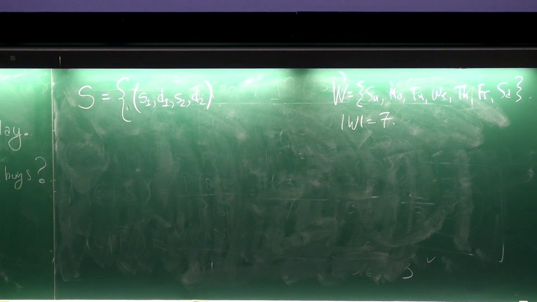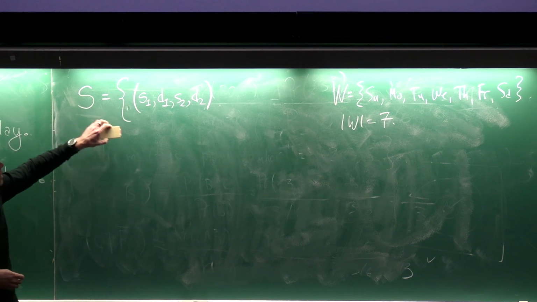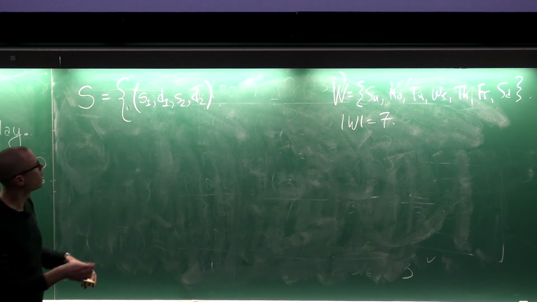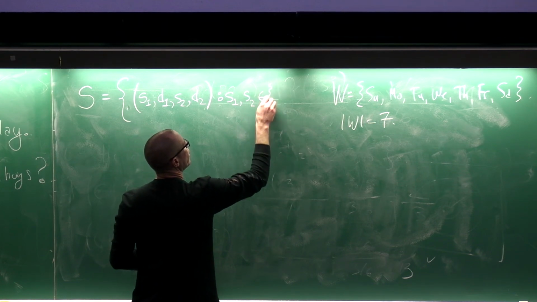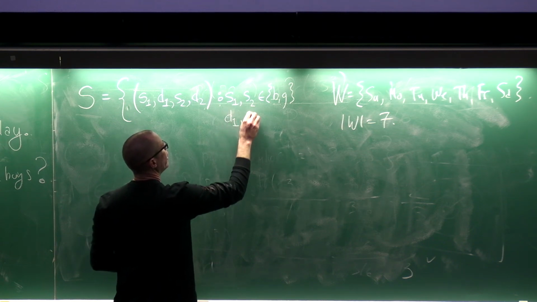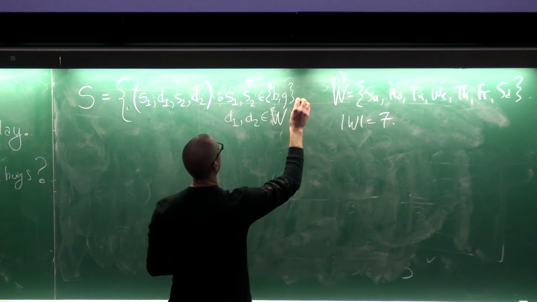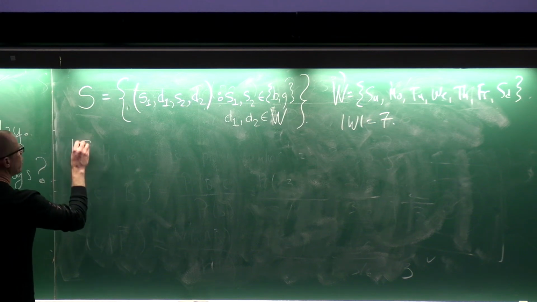And again, I'm going to assume this uniform probability space here, that each of the possible outcomes is equally likely. So what is this set? Sex 1 and sex 2 come from the set boy-girl, and day 1, day 2 come from the set W of days of the week. That's the set of all possible outcomes. So how many possible outcomes are there?